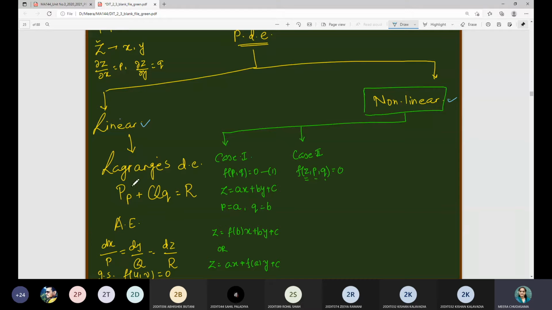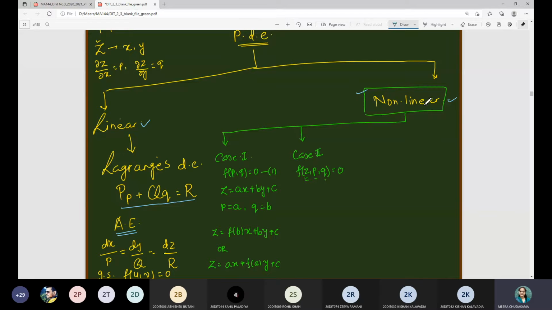In the linear case, we considered Lagrange's differential equation in the standard form, from which we described the auxiliary equations, and then by the grouping method or method of multipliers, you are able to find the solution of a first order linear partial differential equation.